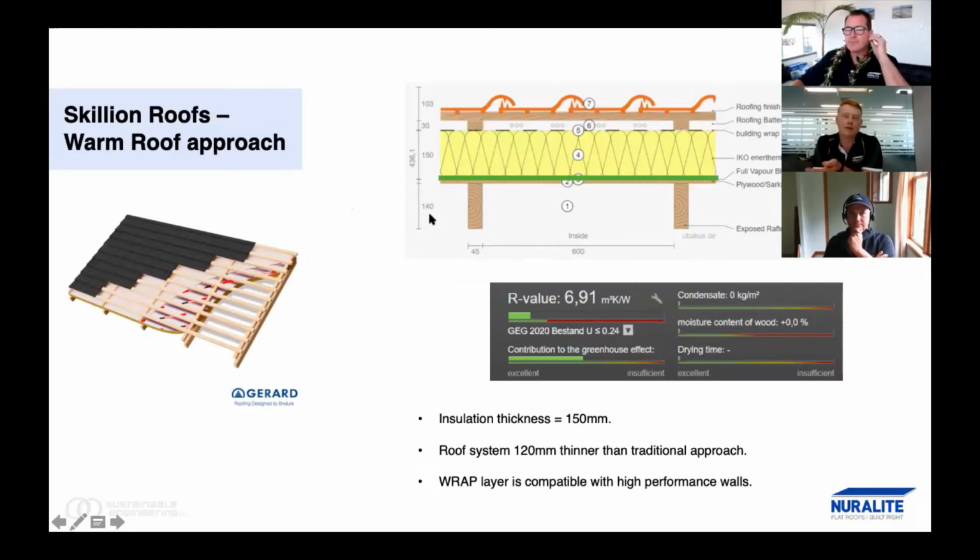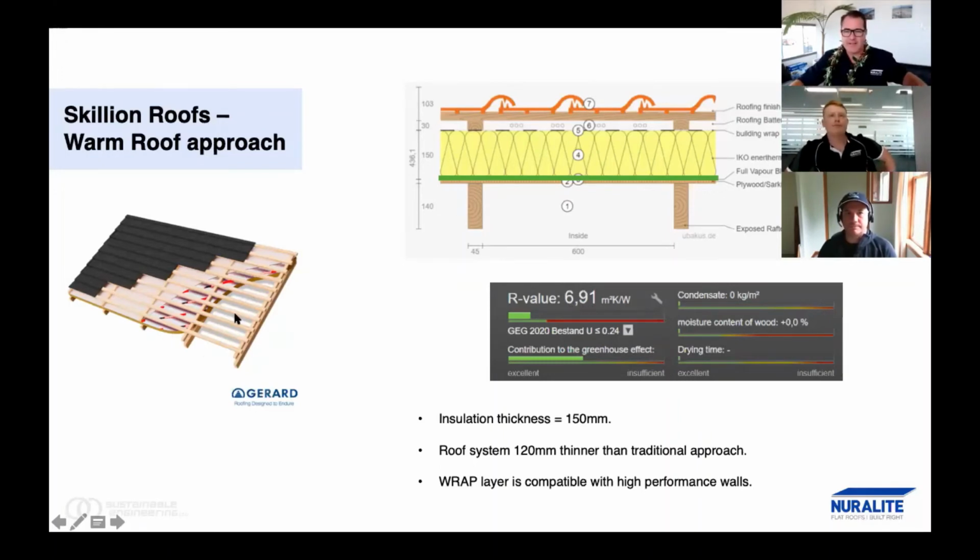So what we've basically done is we have replaced that high performance bats with a high performance rigid PIR layer and a full vapor blocker underneath it. So there's no way that any kind of moisture vapor is going to get through that insulation, and you only need about 150 mils of it to get that full H1 R value. And that's how we're able to cut down on the height of it quite significantly.